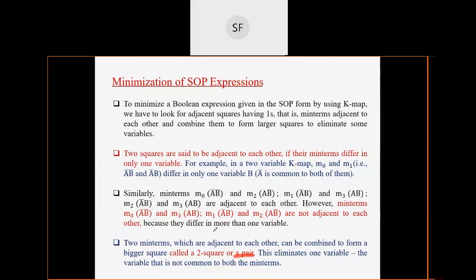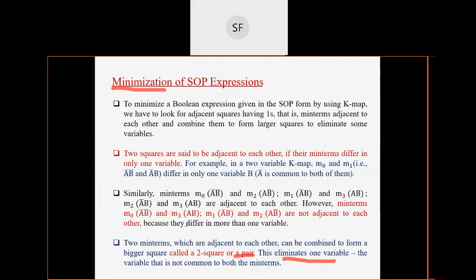By combining two adjacent minterms you will be able to eliminate one variable. Since we are discussing the minimization concept, minimization is nothing but eliminating what is not important, or simplifying the expression. And how will your expression be simplified? You have to eliminate the redundancy from the expression.